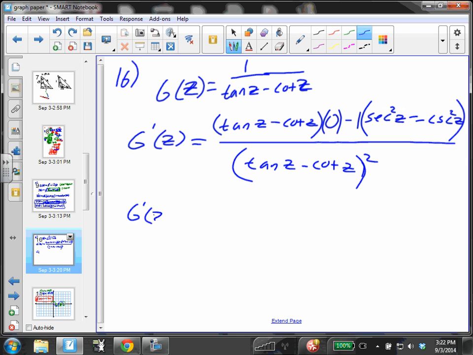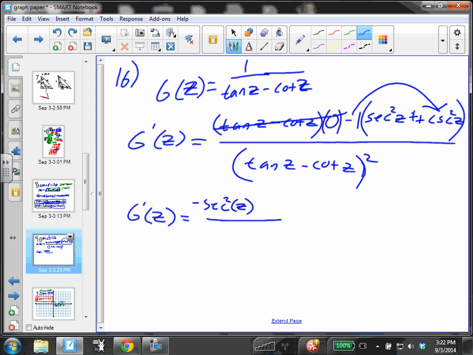So g prime of z. Now this front part is just going to completely disappear because it's being multiplied by 0. So that whole thing goes. Yes. Now I'm going to go ahead and distribute this -1, right? So the -1 times the secant squared is going to make negative secant squared z. And then this was minus a negative cosecant, so that's really plus a cosecant.